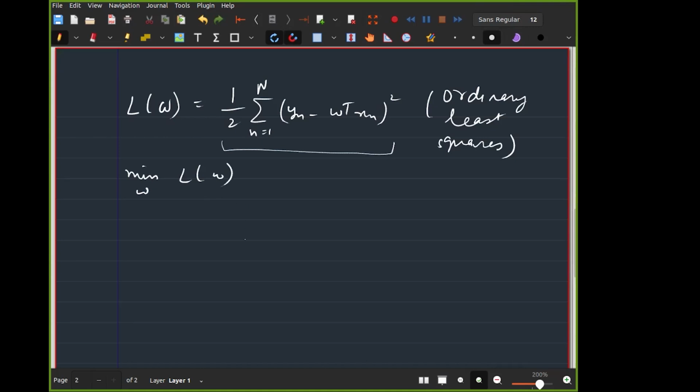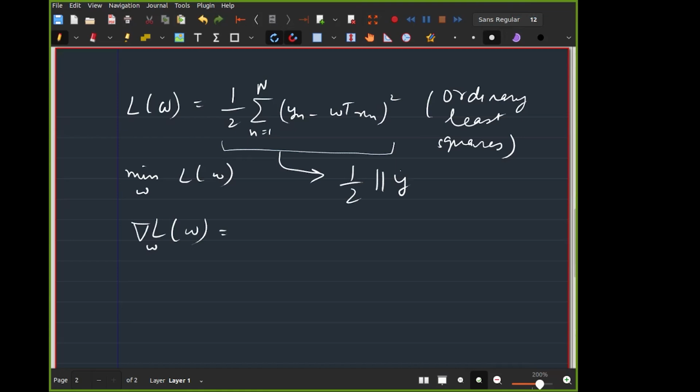And of course, we have learned optimization and we can find the gradient of this loss function with respect to W. This formula is very readable, but there's also a short form for it. You can write this quantity as half of the norm of the y vector, where every entry is a scalar value in the data set.